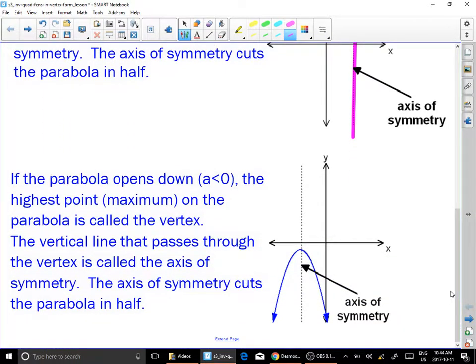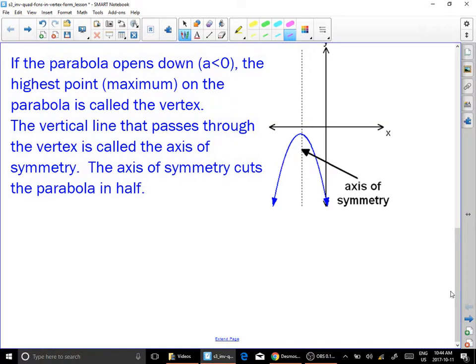Now, we're going to look at the exact same idea, except if a is less than 0, the parabola opens downwards, and it looks something like this. Instead of a minimum, there will be a maximum point, right there.